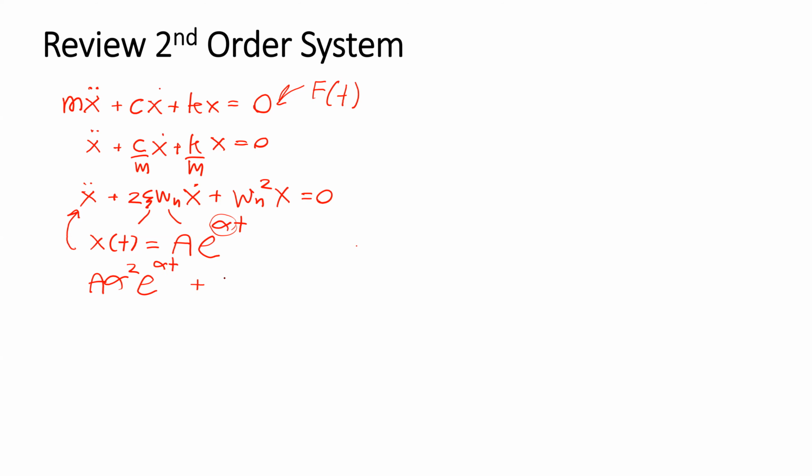And if we do the first derivative, we have a alpha e power alpha t. And for the zero derivative, we still have the same one, nothing changed.